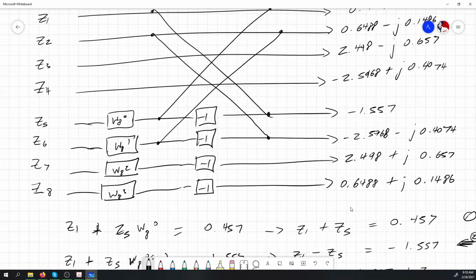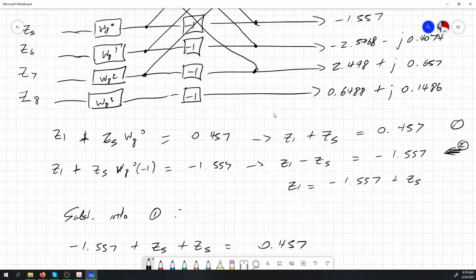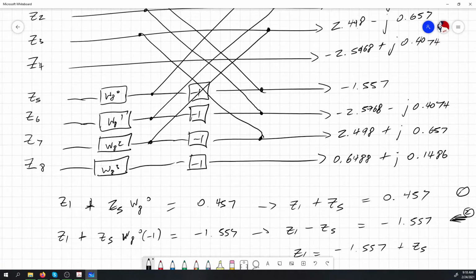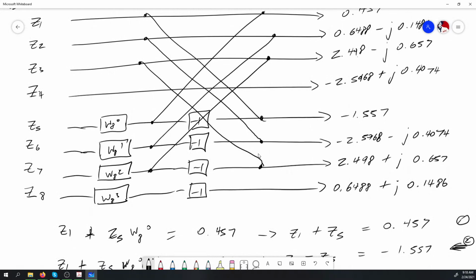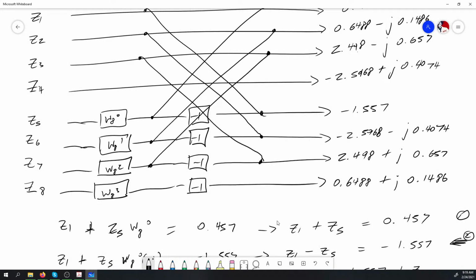So if we go back here to our diagram, let's solve for Z3 and Z7. See here that Z3, the cross point goes here. Z7, the cross point goes here. And we're matching back our butterfly diagrams. So we can write out the equation for Z3.